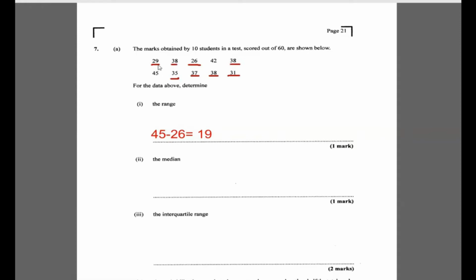So the fifth one, as we said, was 1, 2, 3, 4, and 5. Now the fifth and the sixth one, when we add them and divide by 2, that will give us the median. All right. So the median is going to be 37 plus 38 divided by 2. That gives us the median. So the median is 37.5 marks.